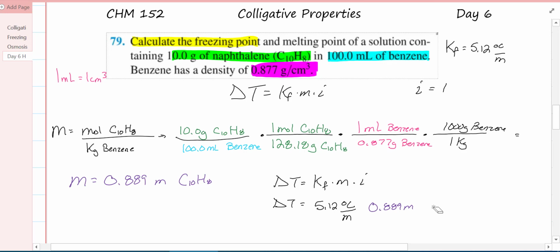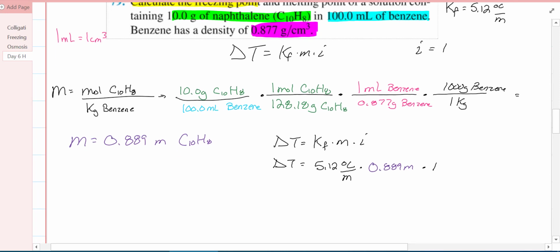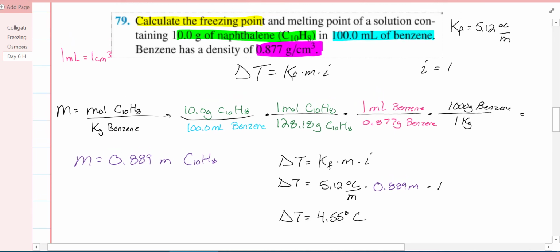So it looks like delta T then happens to be 4.55 degrees. All right, so that's delta T.